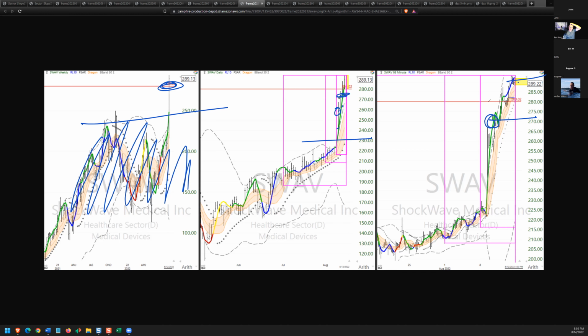So 270 to 290 is $20, about a 13% gain in hand, and he just wants to keep half of it and give that thing room to go. That looks good. Breakout from consolidation. Nice find.